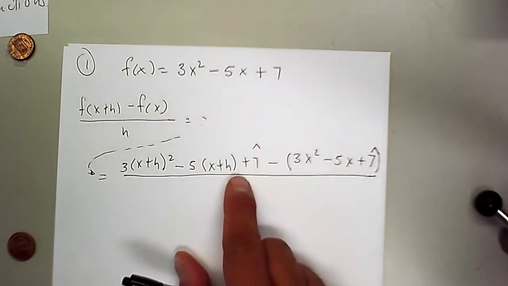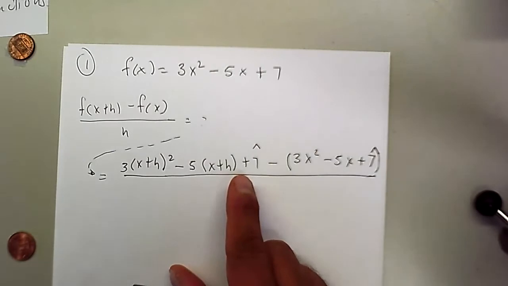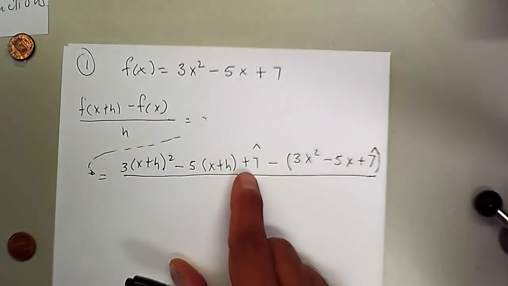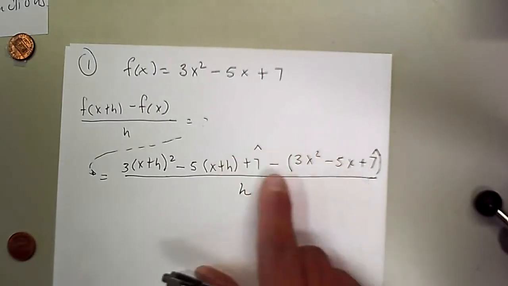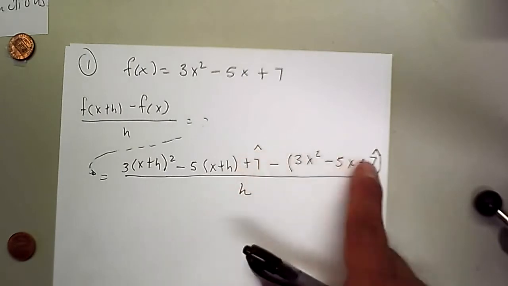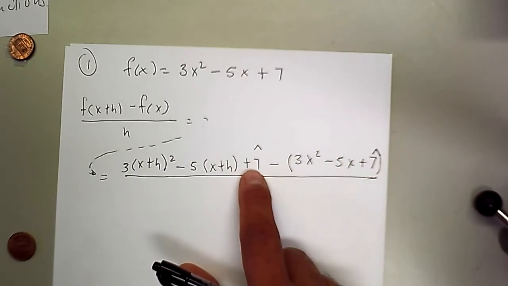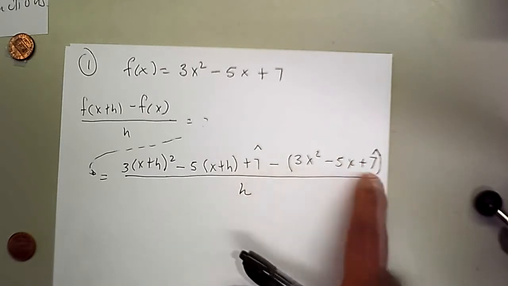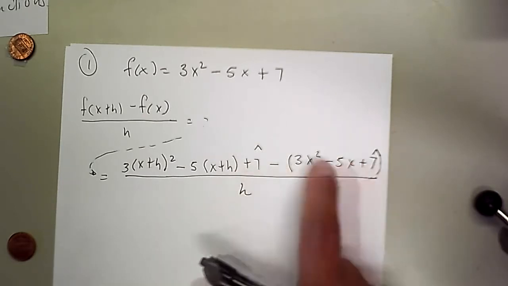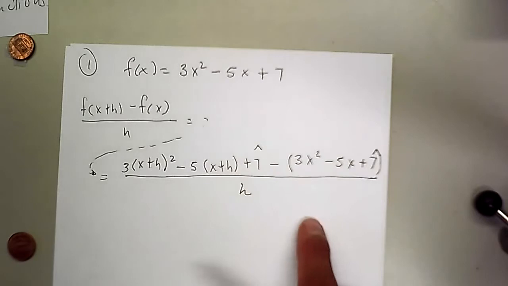If you start crossing things off, sometimes it is hard to read what we crossed. So here, I'm putting a little hat on top of those, indicating that we're going to simplify them, but we still can read what was going on. So we're adding 7 to then subtract that 7, and those two 7s go away.